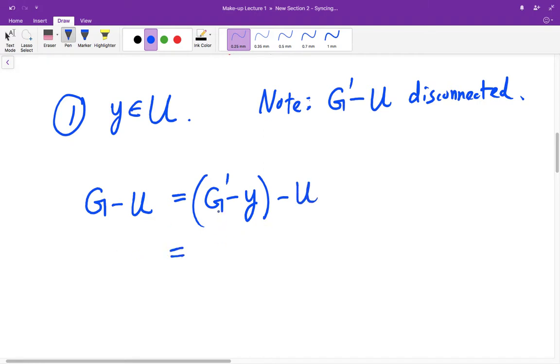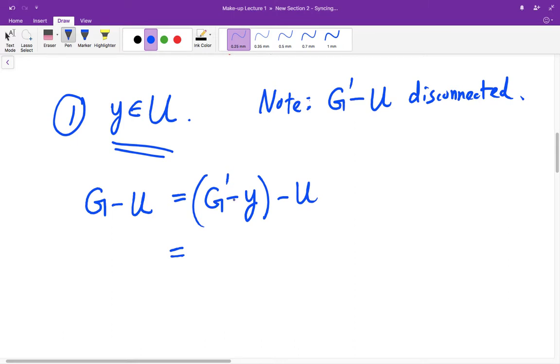So let's see what the resulting graph is. We have a graph starting from G prime, followed by the removal of the vertex Y, and then a further removal of the entire set U. But Y is inside U, this is the case we're considering.